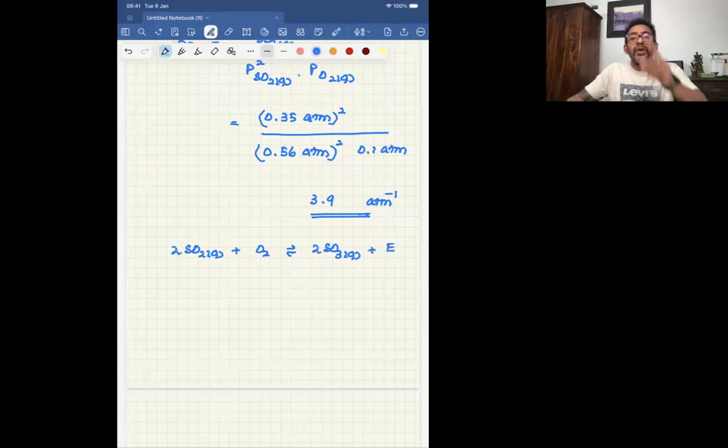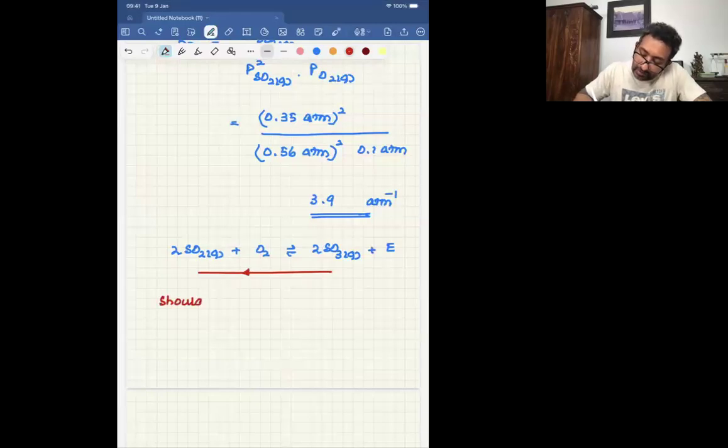So when you increase the temperature, the backward reaction will be favored. The reverse reaction will be favored. So what will happen? The partial pressure of sulfur trioxide should reduce, as the reverse reaction is favored.